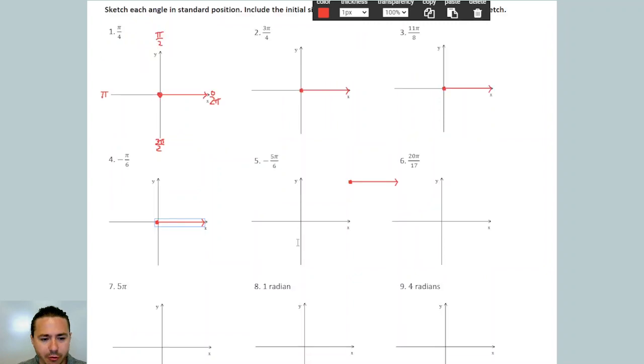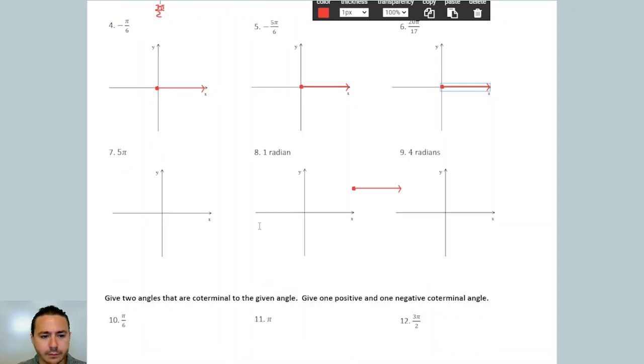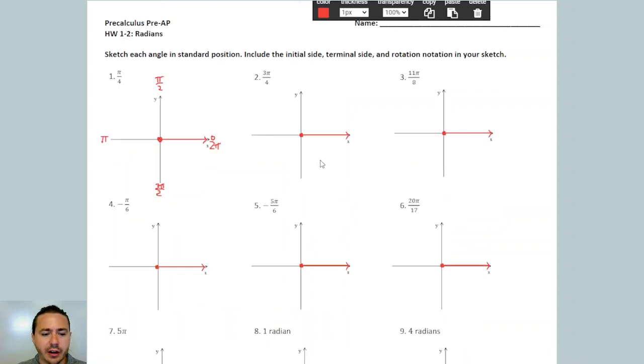I'm just going to throw them all on there. So the initial side's always in the same place. So just bear with me here. Now I've got all my initial sides ready to go, and now I'm ready to start finding the terminal sides.